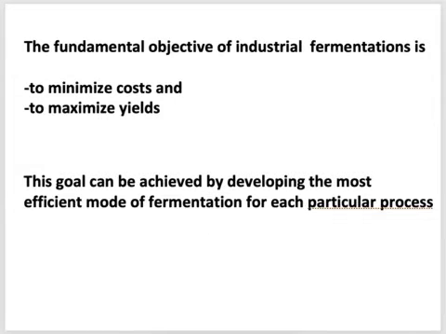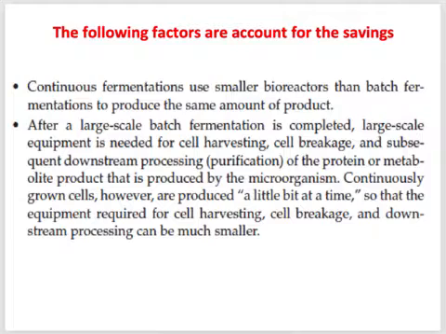Okay, so now let's talk about the merits and demerits of continuous fermentation process. First the merits of continuous process in comparison with the batch fermentation, then I will talk about the demerits. So now first the merits.